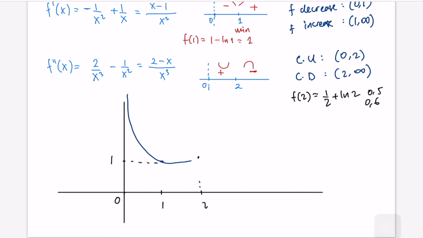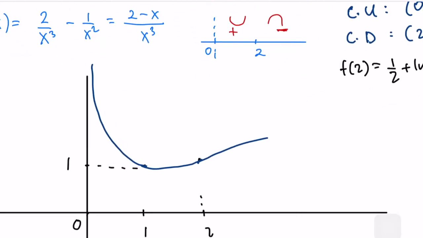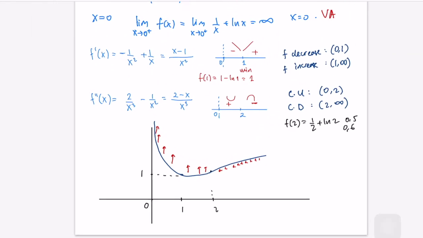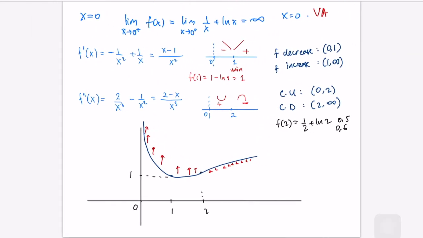So it will be going like that, and then change the concavity. It should be really a small change like that. Okay, so it should be showing that this is upwards like this until 2, and then downwards. Okay, and that will be our graph.